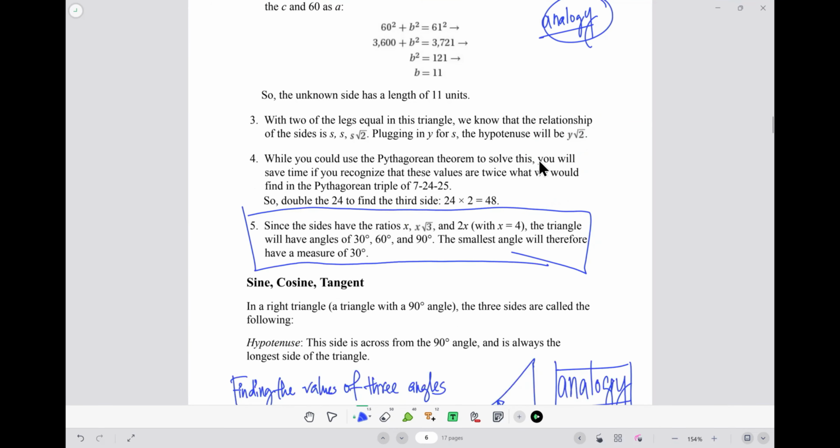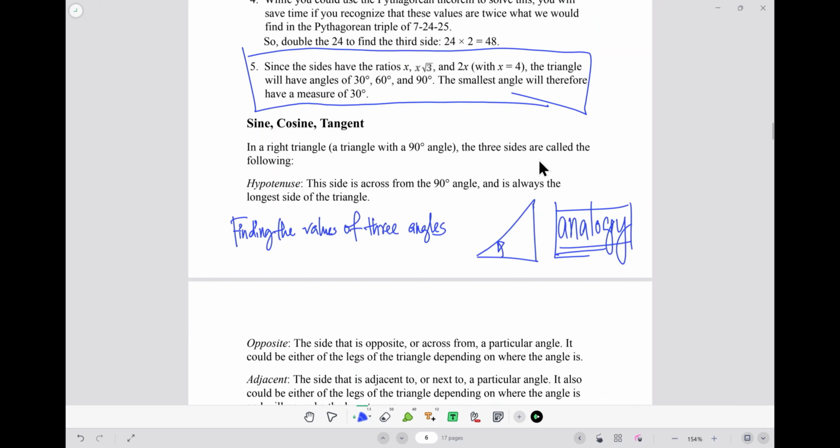Why am I talking about this? Because we are going to model many real problems using the right triangle analogy, the trigonometric analogy.